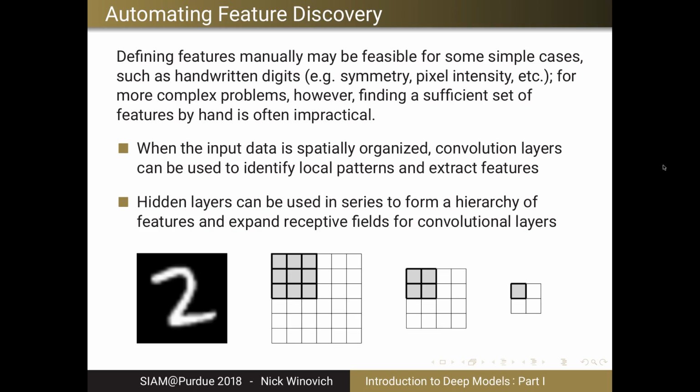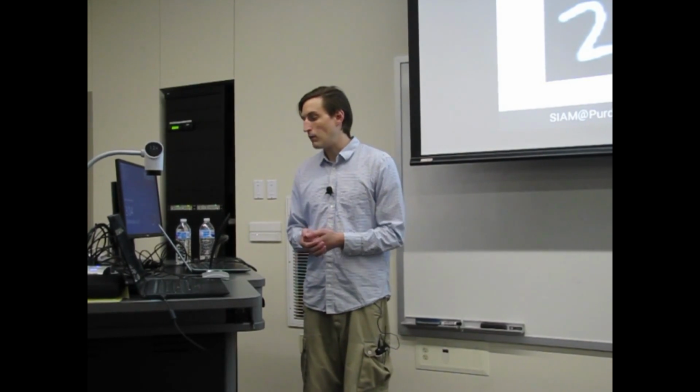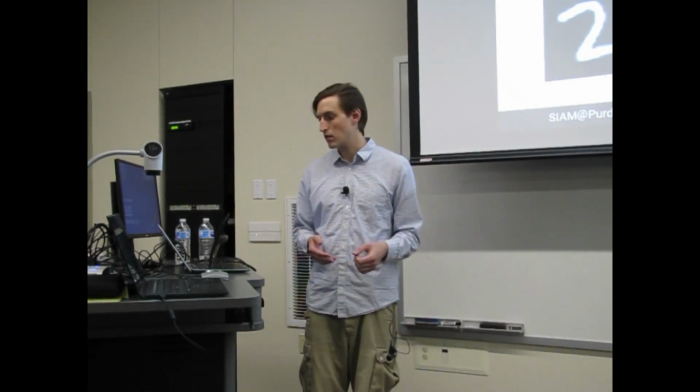If we approach this naively, we may actually be able to define some defining characteristics of the images. Conventionally, things like symmetry or pixel intensity could be used. We could notice that maybe an 8 has more symmetry than something like a 3, and this could be used with some classical machine learning techniques to accurately classify most of the digits.